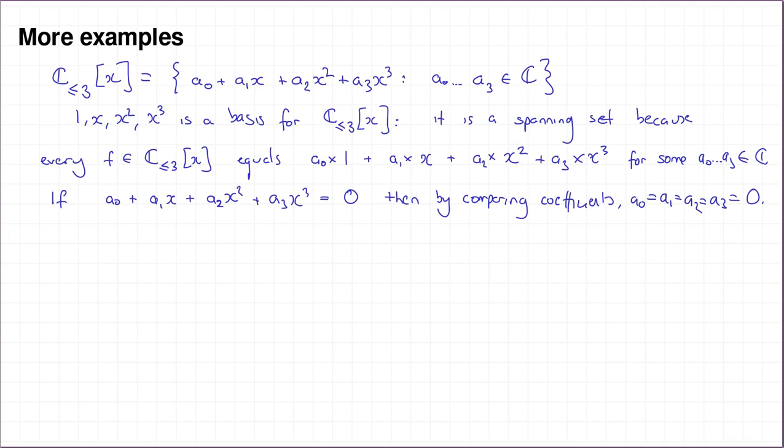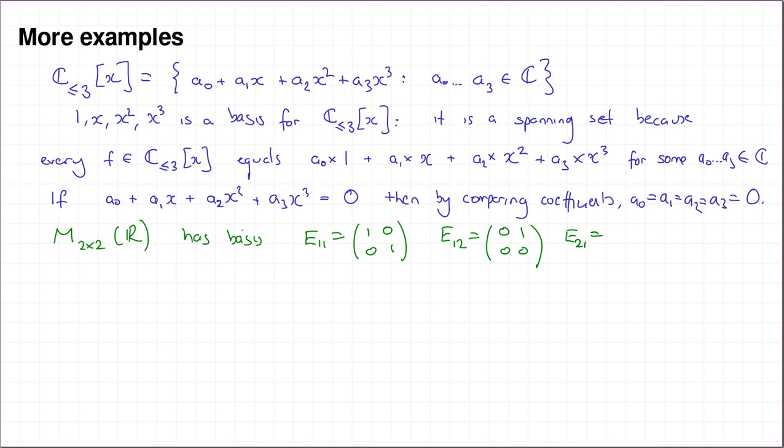Let's have an example in a different vector space now. So we're going to look at M2 by 2 of R. That's the vector space consisting of all 2 by 2 matrices with real numbers as entries. As a basis, which I'm going to write like this, e11 will be 1, 0, 0, 0. e12 will be 0, 1, 0, 0. e21 will be 0, 0, 1, 0.